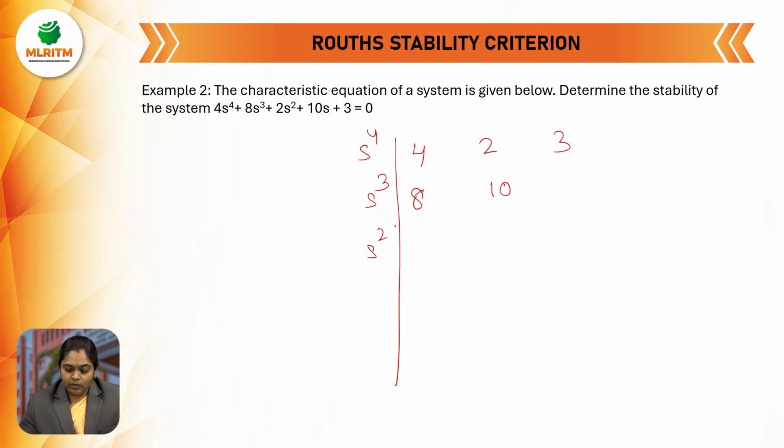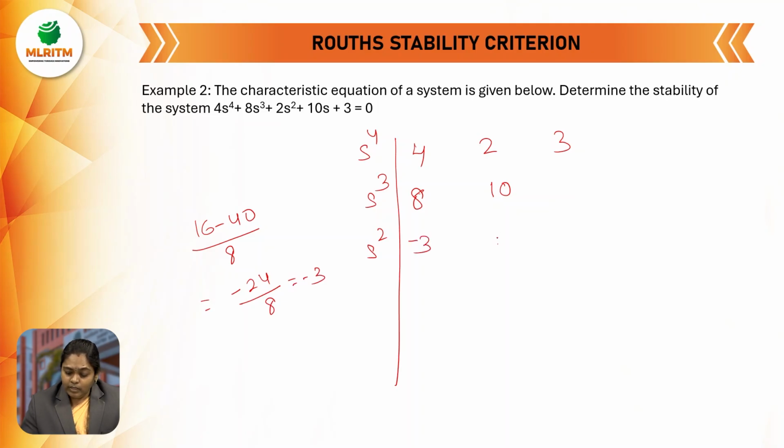In order to write down S square, what is the procedure? 8 into 2, 16, minus 40 by 8. So here I'll be getting minus 24 by 8, which is equivalent to minus 3.